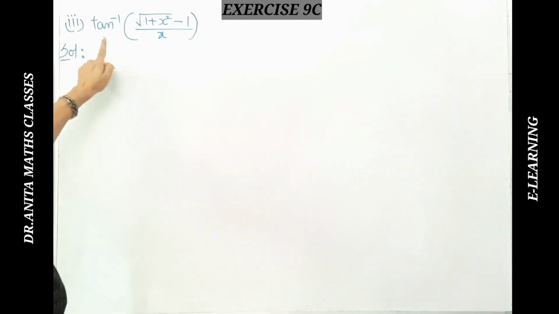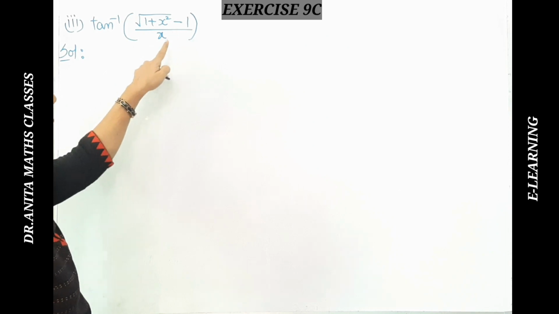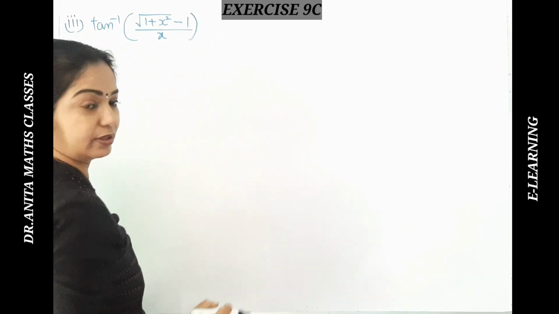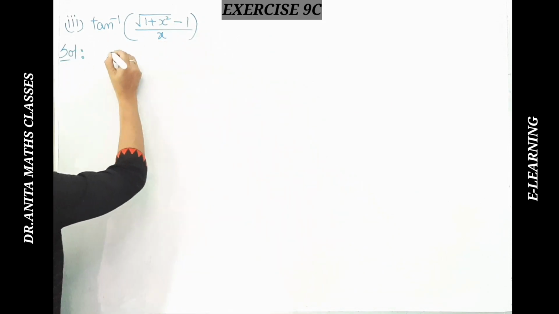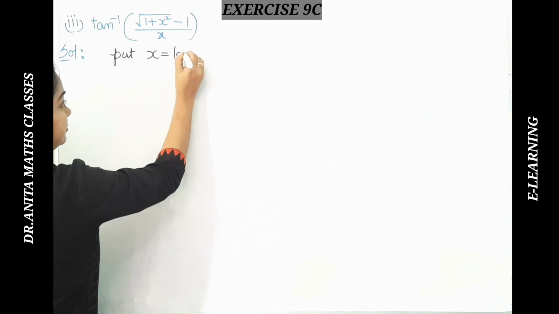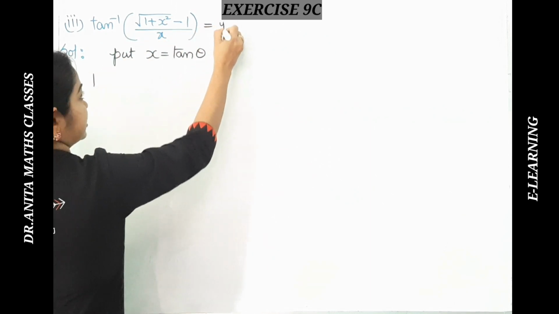Third problem: tan inverse of under root 1 plus x square minus 1 by x. Here we will resolve this into some tan function. Let me take x as tan theta. Put x is equal to tan theta, and we take this as y.